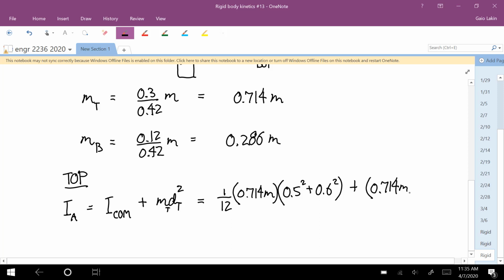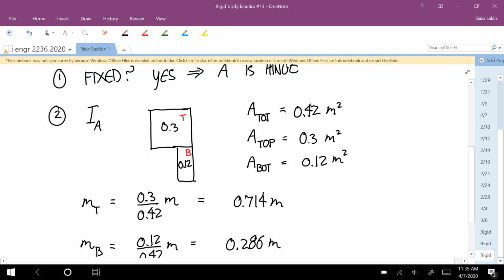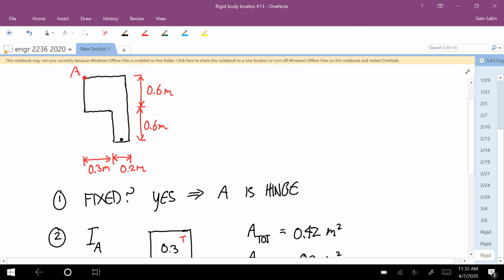0.714 m times, now what's the distance from the center of mass of the top rectangle to the hinge? Okay, what we're trying to get is, so like, if this is the center of mass of the top rectangle, we want to know the distance from that to the hinge, and squared.